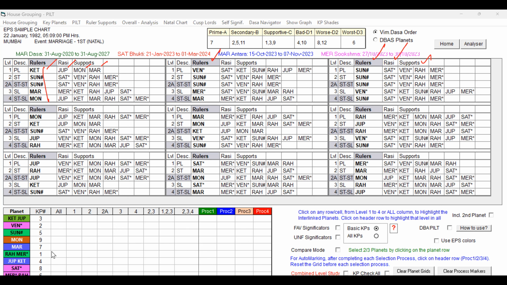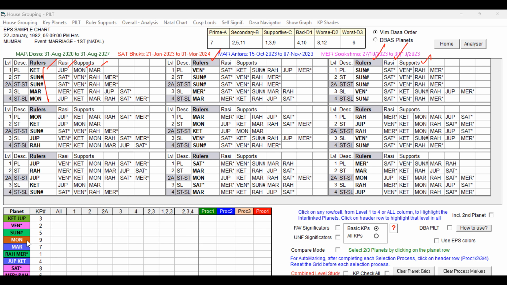Here you can see each planet has been given some rank, and each planet has got some background shade that is called key planet shades. Based on their favorable and unfavorable strength, they will indicate. Green means favorable is more. Pink means it is mixed. And this green also, when compared to this green, has got some light green. It means this is very strong, this has got some weakness.